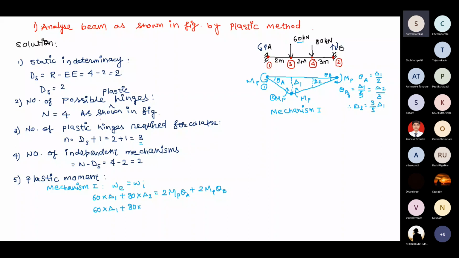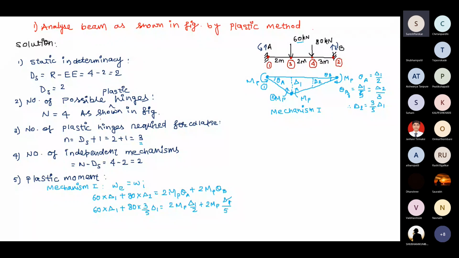So we have 80 into 3 by 5 into delta 1 equal to 2 Mp delta 1 by 2 plus 2 Mp delta 2 by 3. Sorry, theta B, delta 1 by 5.